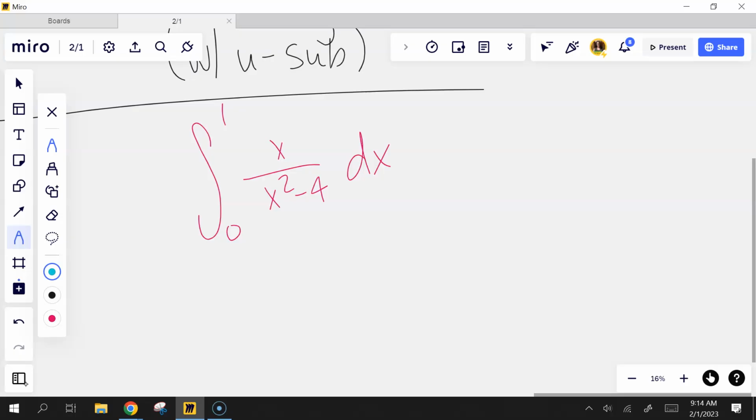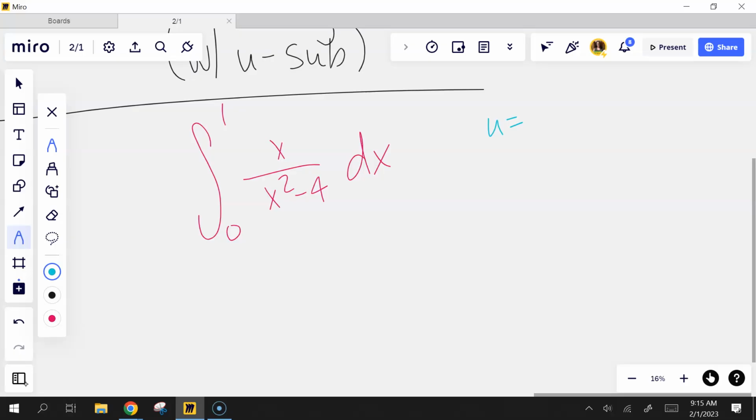What's the antiderivative here? Ooh, yeah. You got this, Claire. Okay, I'm going to do a u-sub here.